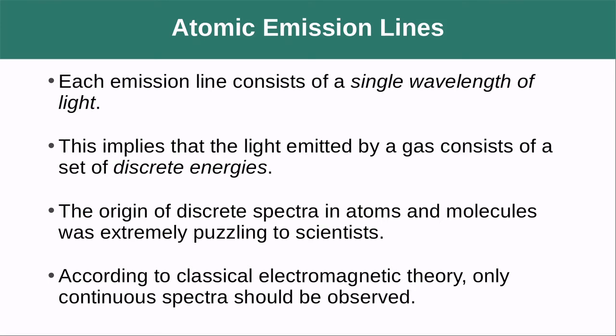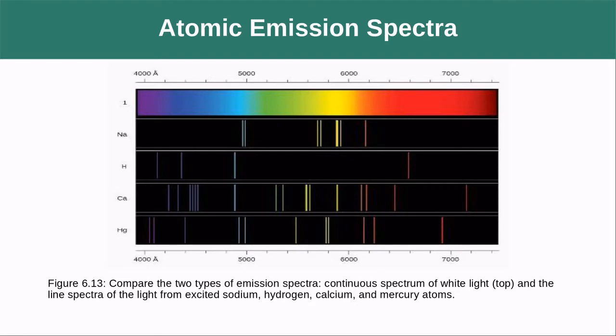Because it really didn't fit with their classical electromagnetic theory. Here we can picture those line spectra. On the top we have a continuous spectrum, and then down here you can see that if you did sodium, you'd only get these frequencies, and if you did hydrogen, you'd only get these ones.